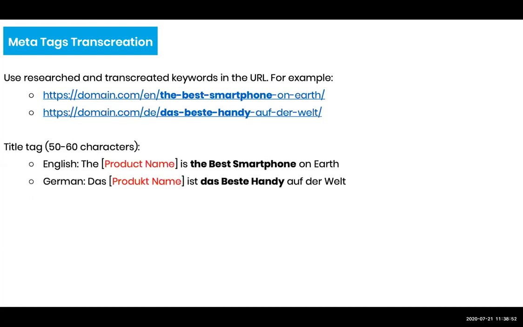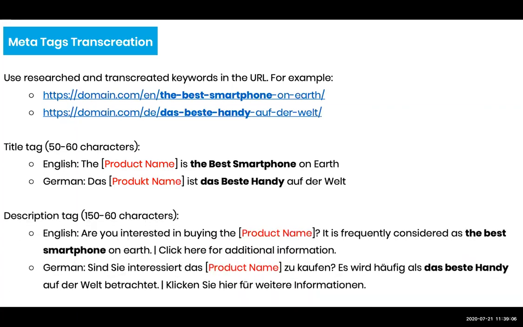Your title tag gets a little bit tricky because many languages will expand over the English language. So you've got to stick within those parameters, 50 to 60 characters. And it gets even trickier with the description tag because German will probably expand a third, if not more, over English.